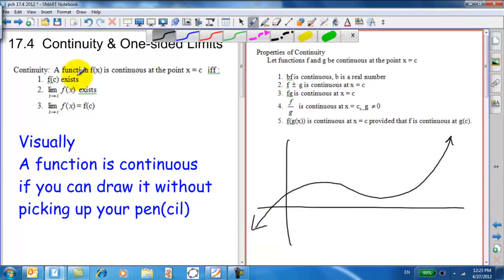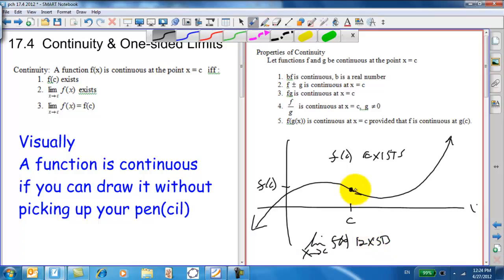The whole idea of continuous at a point means that basically the limit agrees with the value of the function. So if I've got some point x equals c here, and this is f of c, then not only is f of c existing, the function is defined at x equals c, but the limit as x approaches c of f of x exists, that is, whether I come from the left or the right, it seems to be approaching the same y value.